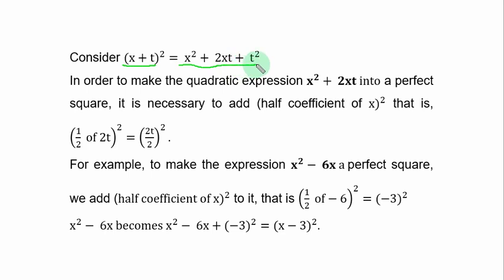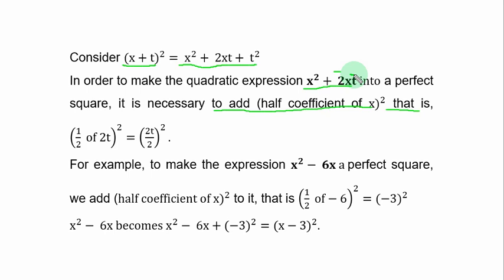In order to make the quadratic expression, assuming we have only s squared plus 2st, and you are asked to make it a perfect square, it is necessary to add the square of half the coefficient of s. That is, from this place, the coefficient of s is 2t.